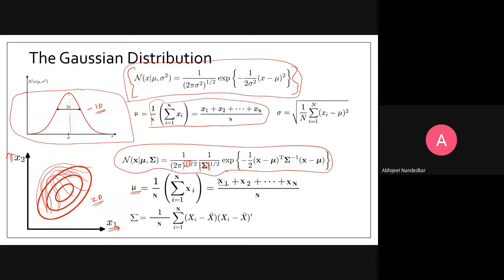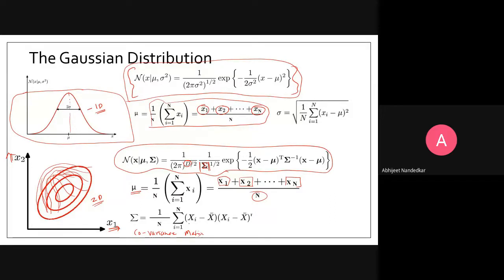Then in the same way you can compute mu for this. Now here these are vectors. Whenever I write capital X, it is a vector. You can see there is a small x here, that means it is one dimension. And n is again the total number of samples. Now this sigma here is called the covariance matrix.